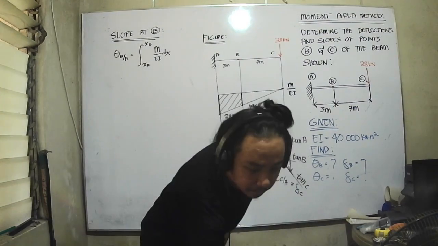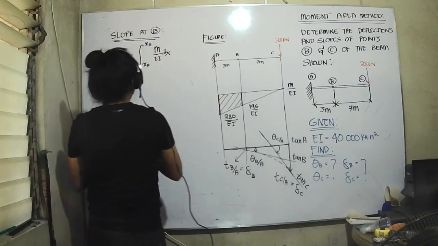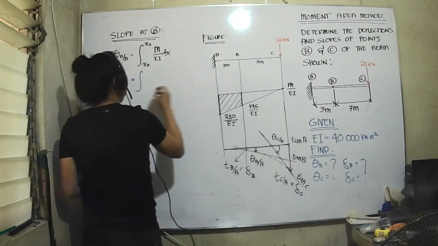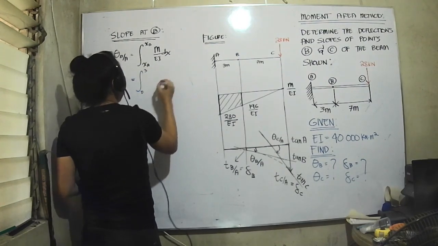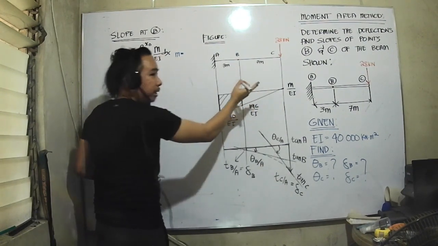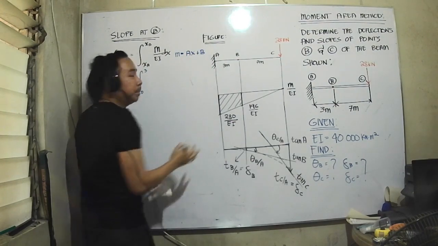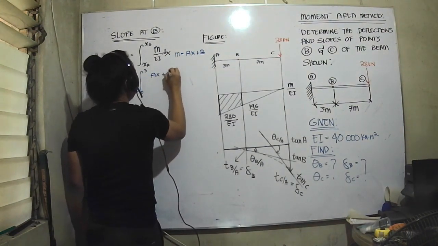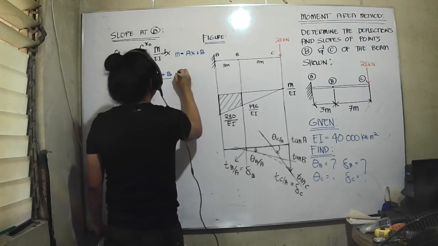From there, I go back to my integration. Integrating from XA to 0, XB is equal to 3, of M, which is the graph we defined in terms of AX plus B. Since they are stored from the previous mode, I can just use them.